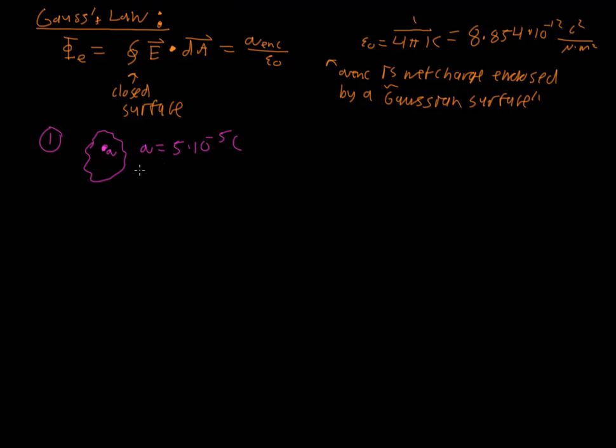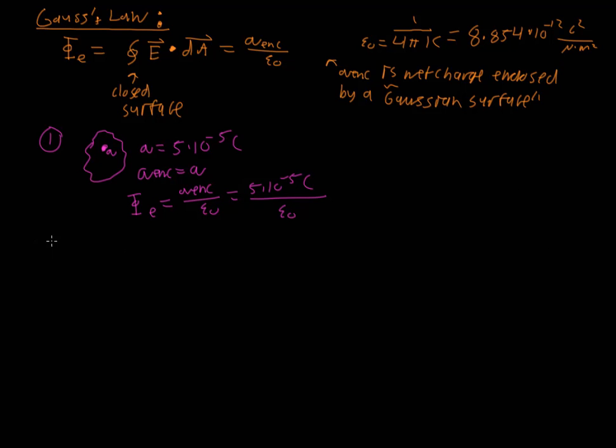Well, the net charge is just Q in this case. So we have Q enclosed equals Q. And just from this formula, we don't even have to use the integral. It's just Q enclosed over epsilon naught, which in this case would be 5 times 10 to the negative 5th over epsilon naught, and you would just plug in this constant for epsilon naught, and that would be your answer.